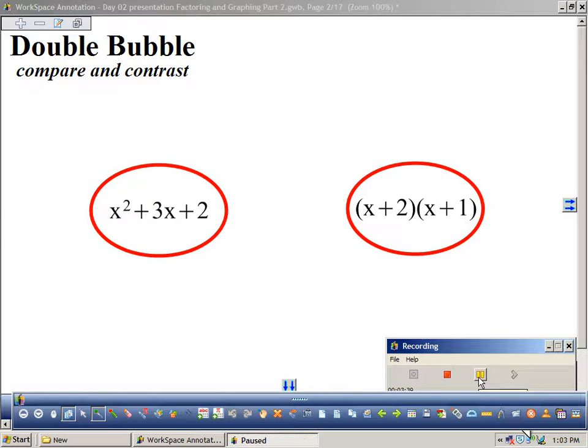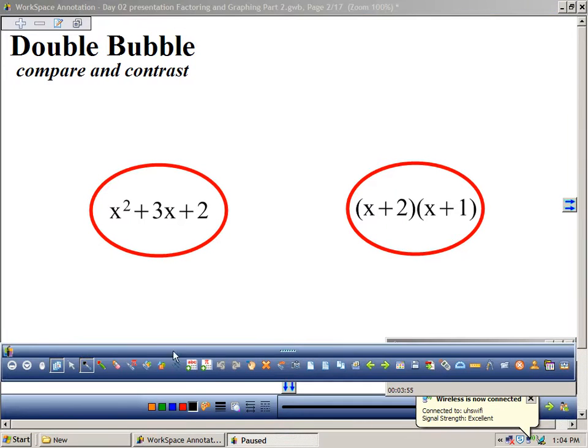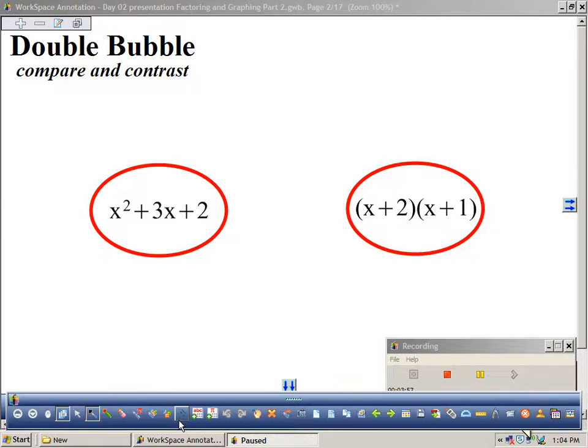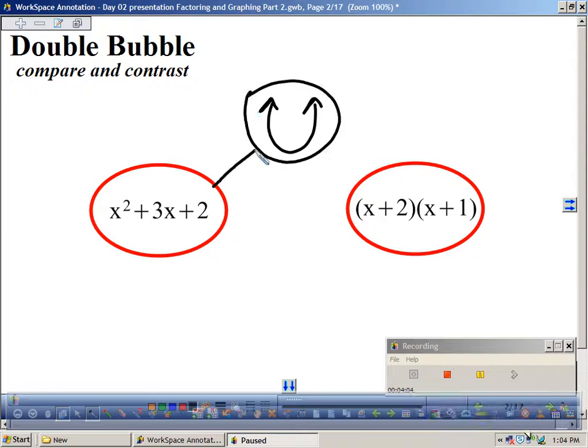All right, let's go back to a double bubble. So I want you guys to put this on your desk, and we're going to compare and contrast a double bubble. We're going to go ahead and compare and contrast these two. I'm going to start you guys off. So these are both the same graph, right?